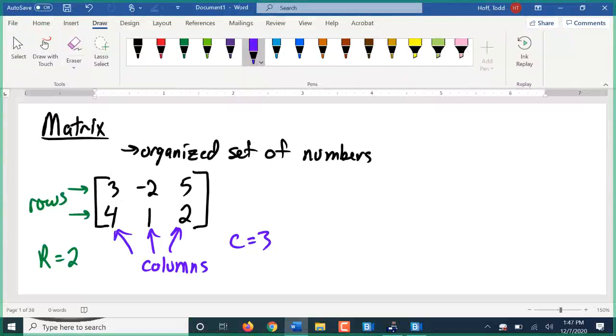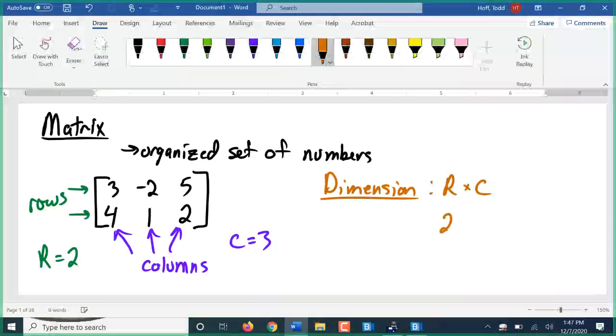The dimensions of this matrix: dimension is always row by column. So this is a 2 by 3 matrix. Now that is not a multiplication there. That's not saying 2 times 3. You're not getting a dimension of 6. It's 2 by 3.